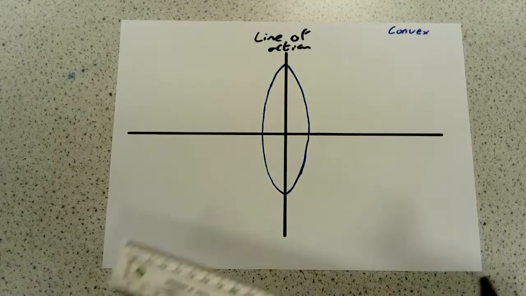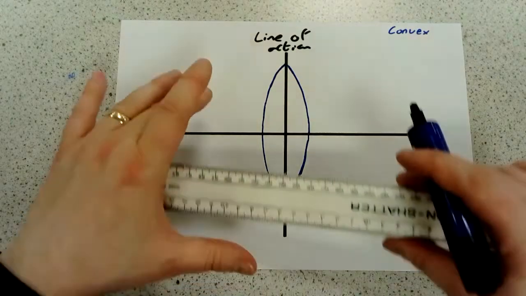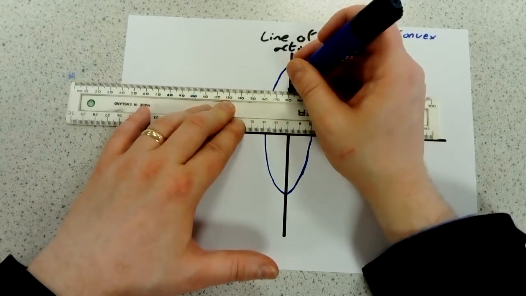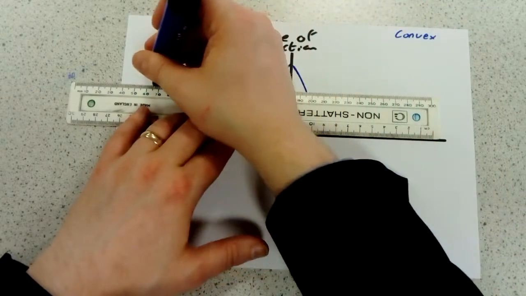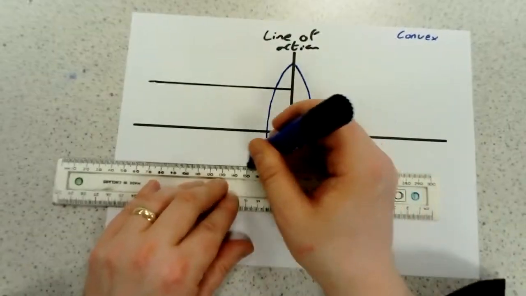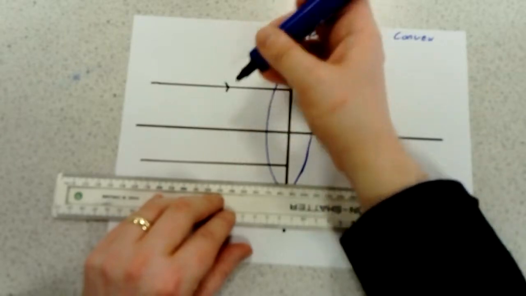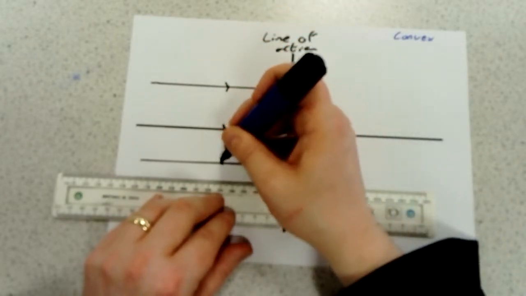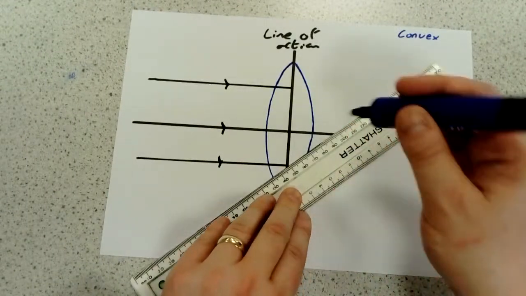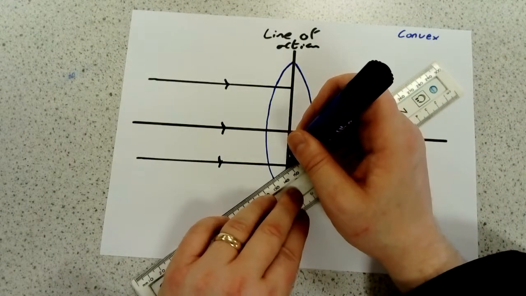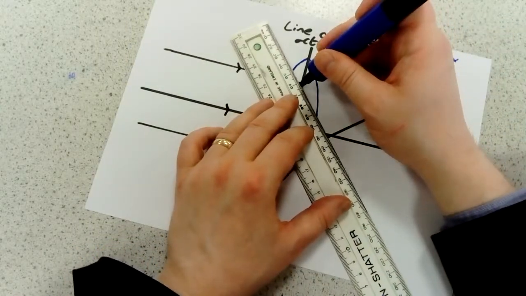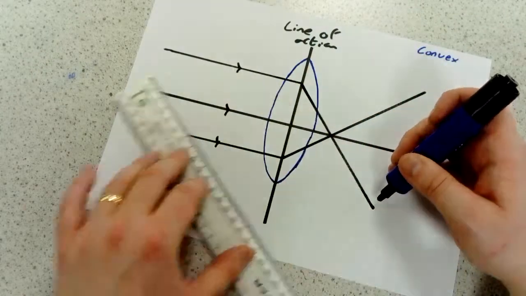So if we were going to work out where the focal point was, we'd start off using 3 beams of light, making sure that we're drawing arrows on them to show the direction of the light, and the point at which those 3 beams of light intercept or cross over each other is our focal point.